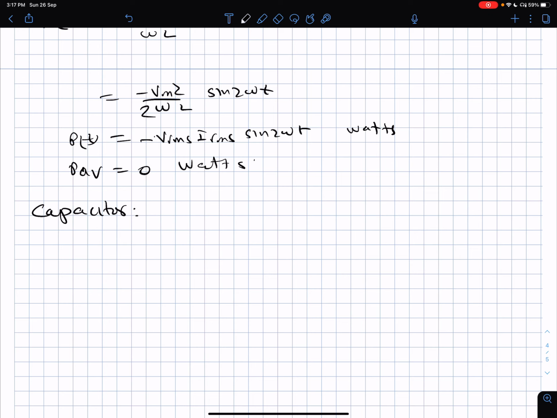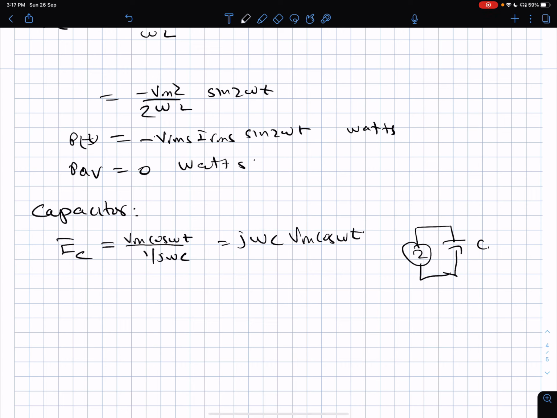I have Vm cos of omega t supplying a capacitance of C, which means its impedance is 1 by j omega C, and so its current phasor is going to be equal to j omega C Vm cos of omega... I'm sorry, I should not have done this. I'm making a slight mistake here, trying to do time and phasor both simultaneously.